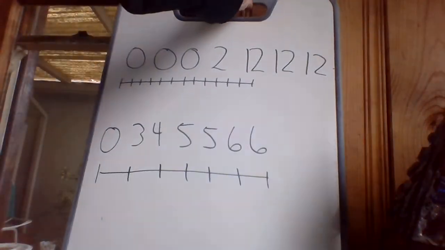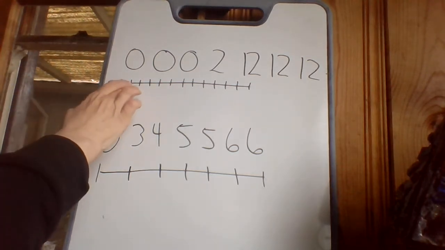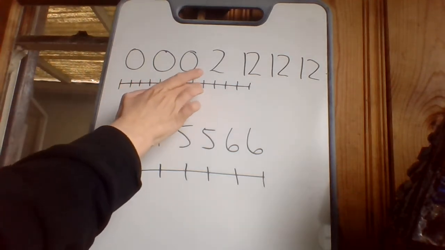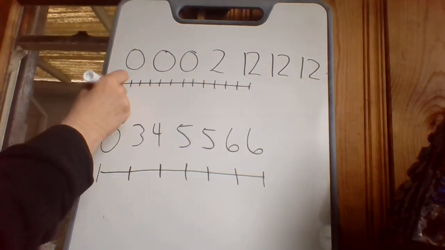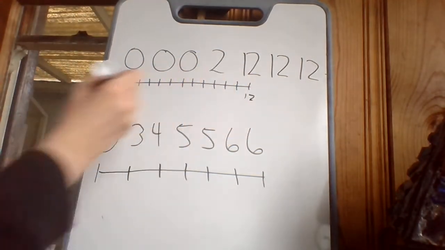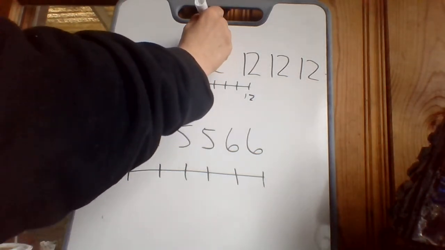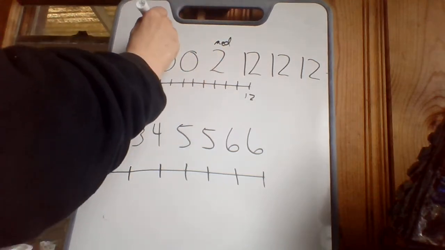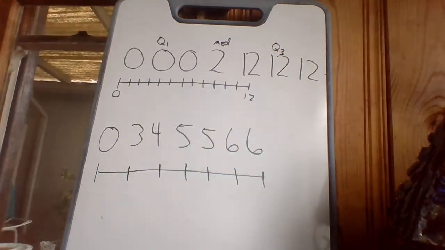And all of these, I went with 7 numbers just so we can do the same as the homework. 0, 1, 2, 3, 4, 5, 6, 7, 8, 9, 10, 11, 12. That one needed to be longer because I've got the number 0 over here and 12 over here. This is the med, and this is Q1, and this is Q3.